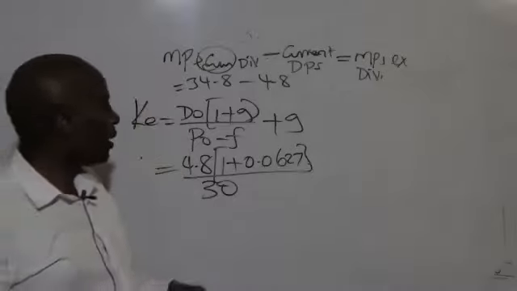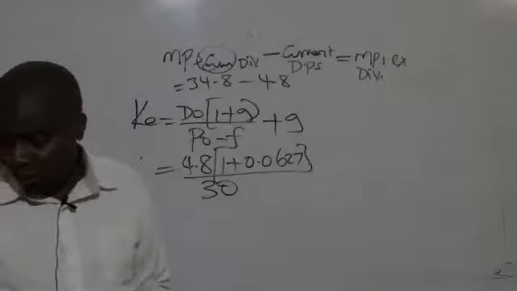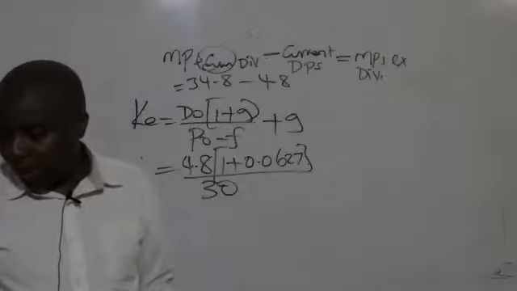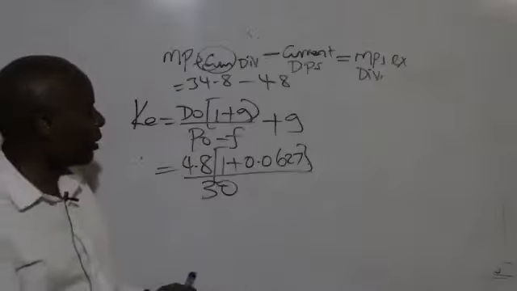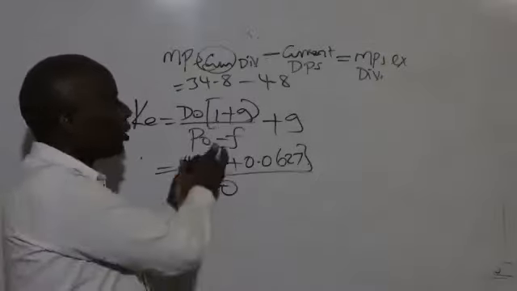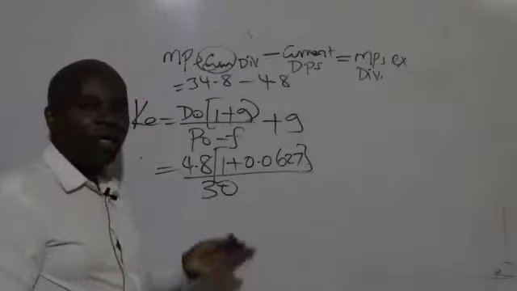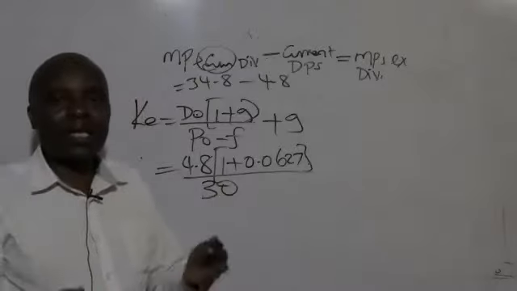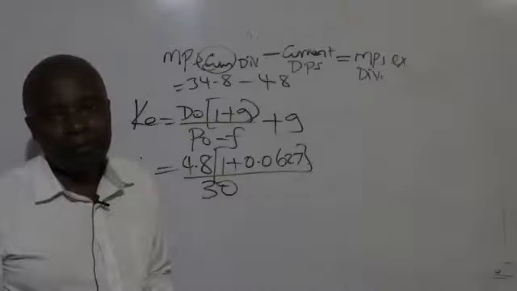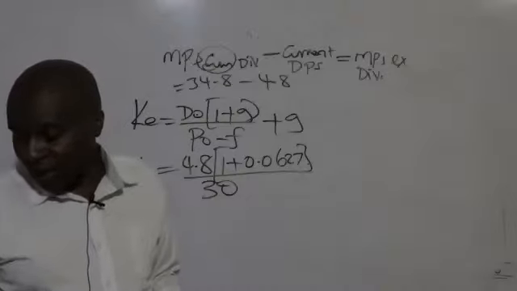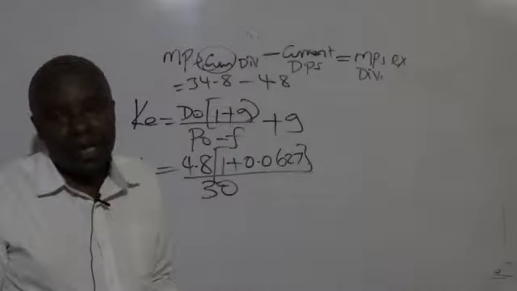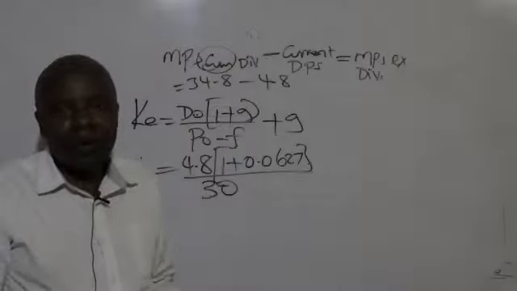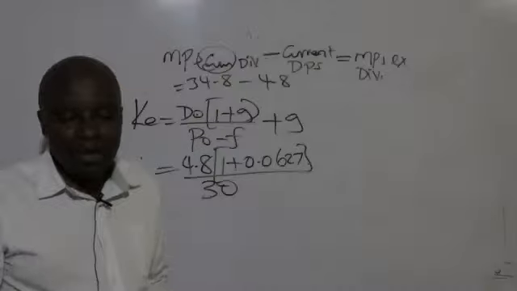So this D0 is supposed to be what? Remember, D0 is not supposed to be the oldest. The students will tell you that this 0 stands for oldest. No. D0 stands for the most current dividend. And between these years given there, 2015 to 2018, which one honestly is the most current year? It is 2018. And what's its dividend? It's 4.8.